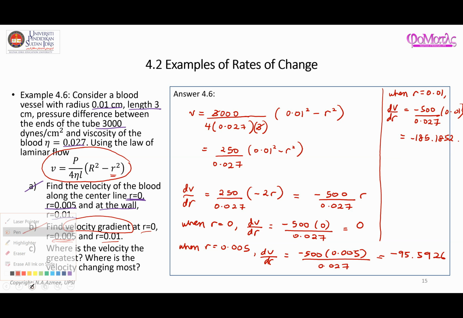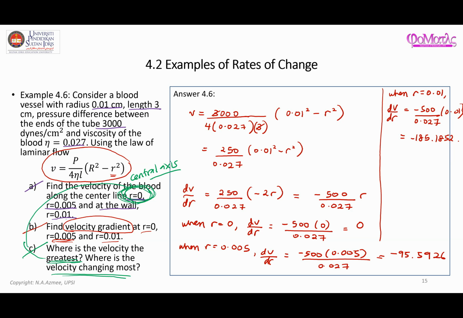So to answer question C, where is the velocity the greatest? The velocity is the greatest when r is 0. At r is 0, that means at the central axis. So greatest at central axis. Where is the velocity changing most?